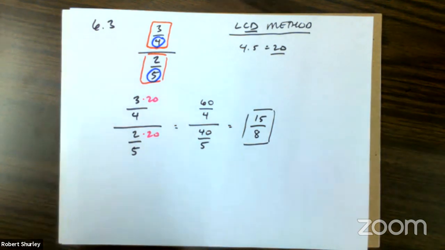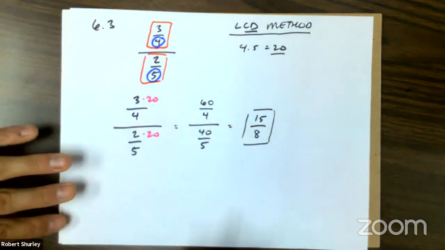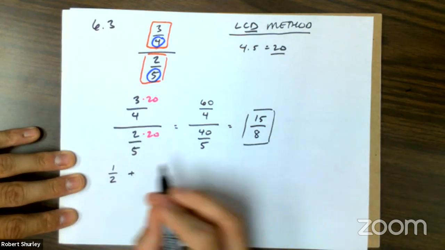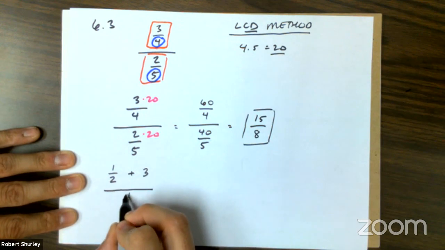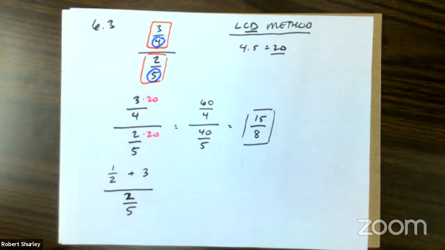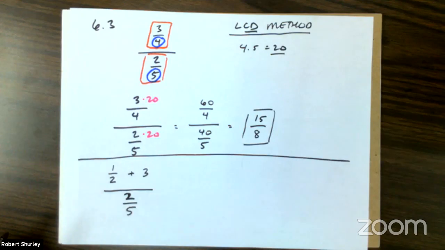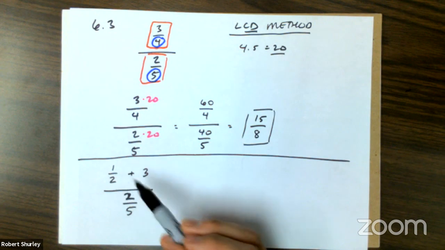Now, that's with numbers. We're going to introduce letters, of course, because we're in an algebra course, but that's kind of the basics of this. So let me look at another one, sticking with numbers for now. Say 1/2 plus 3 all over 2/5. That's just another example to hammer it in. Now, we've got a complex fraction because we have fractions inside of fractions.